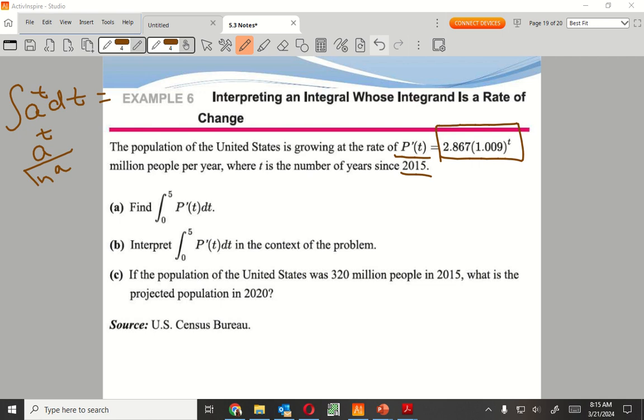Exponential, page 9. I know it's in here because I actually saw this. Oh, it's actually on page 6. Okay. So it's number 5 on page 6. It's a to the u du. So we get that.